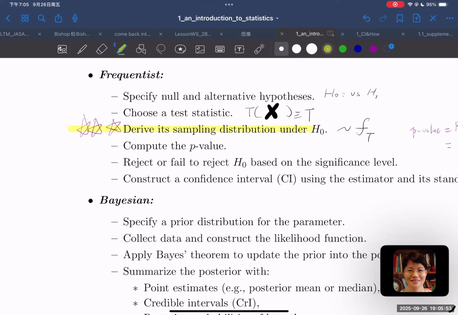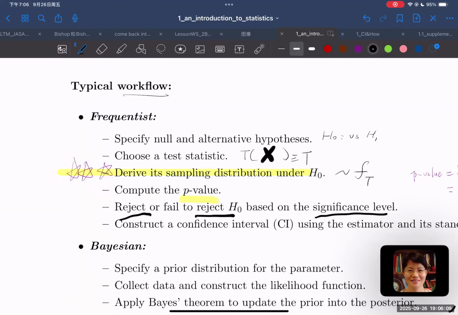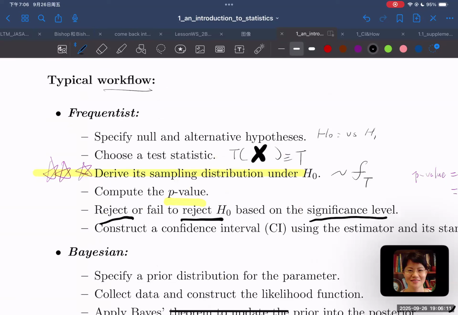And then you compute the p-value, and then you have the critical region. For example, one would reject or fail to reject the null based on the significance level. That means when you have some hypothesis test, you would have a data set X1 to Xn, which follows some distribution. For example, I just write it this way.